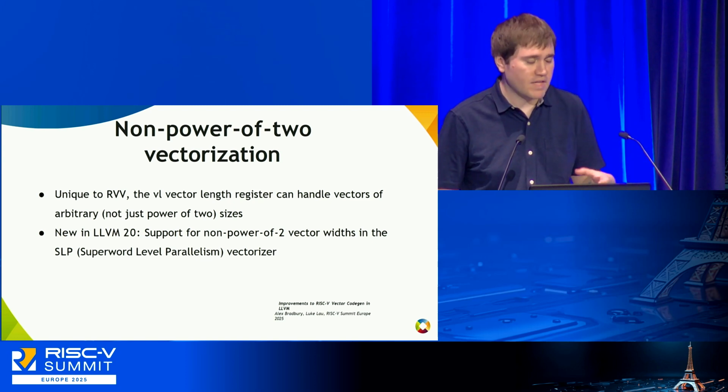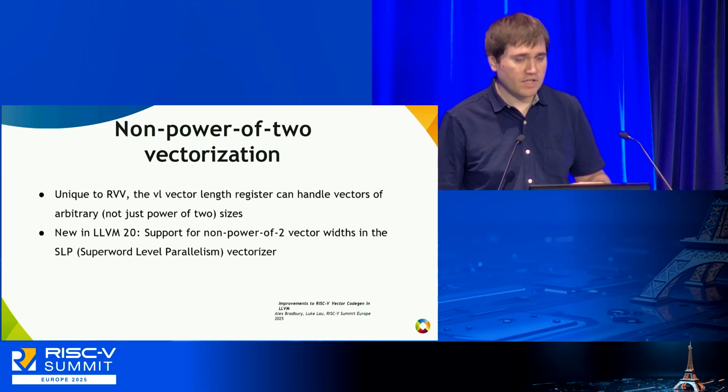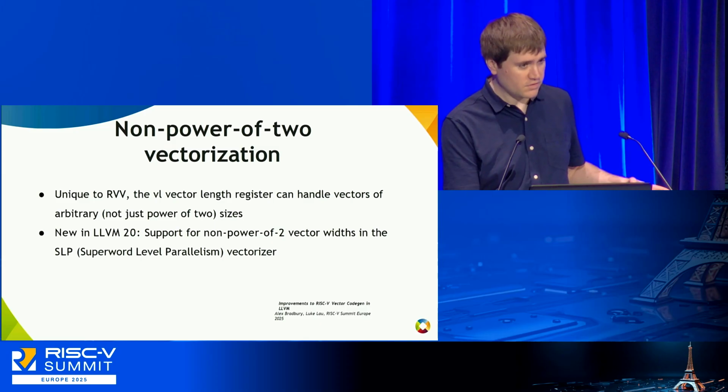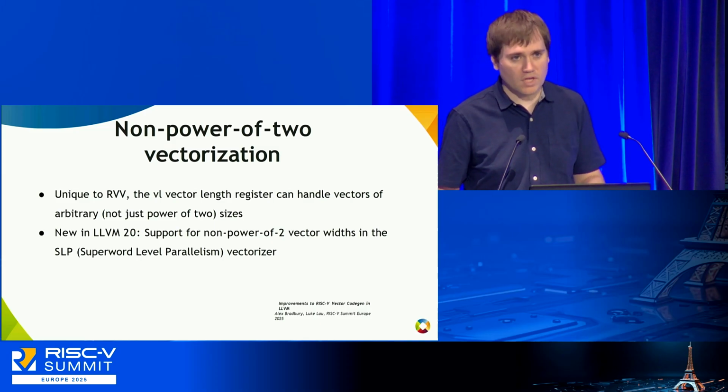And the headline for both of these really is going from generating code that doesn't take full advantage of this, to generating code that looks much more like the little snippets and examples you will have seen on slides throughout the development of the RISC-V Vector ISA.